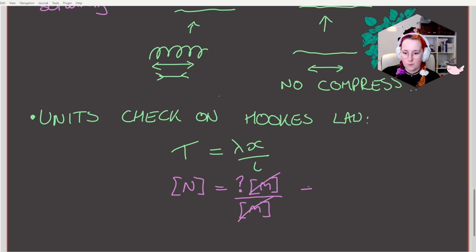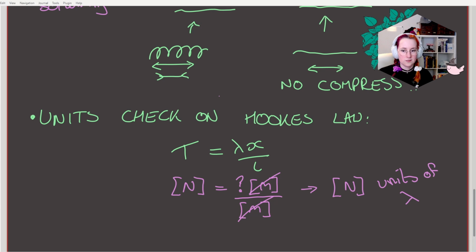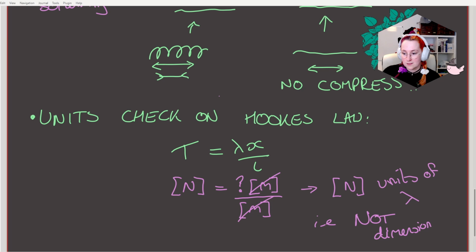And what we're left with is the units of lambda, the units of our modulus of elasticity, is in newtons. So it's a measure in force, i.e. not dimensionless. So if you remember things like the coefficient of friction, those are just scalar values.